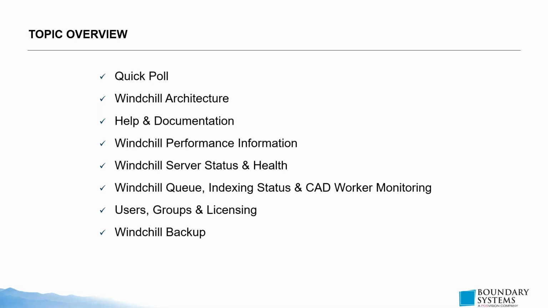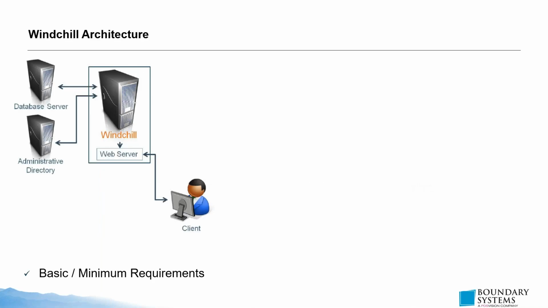It sounds a little bit odd sometimes why I would start with the Windchill architecture when we're talking about best practices, but you'll understand when we get to the end. At a minimum, Windchill itself is made up of several components. You've got a database server, an authentication administrative directory server, and the Windchill application server itself that uses a web server, which is what the clients connect to.